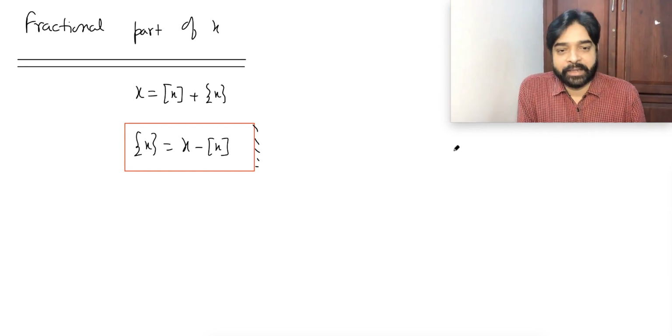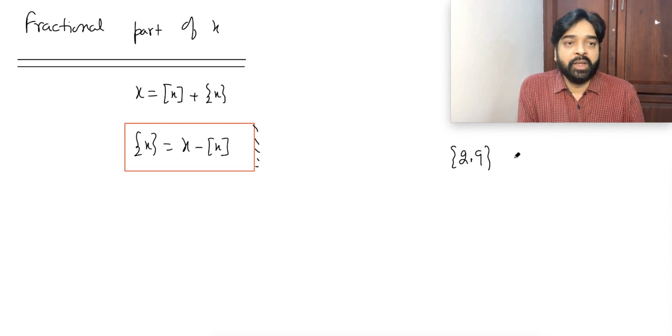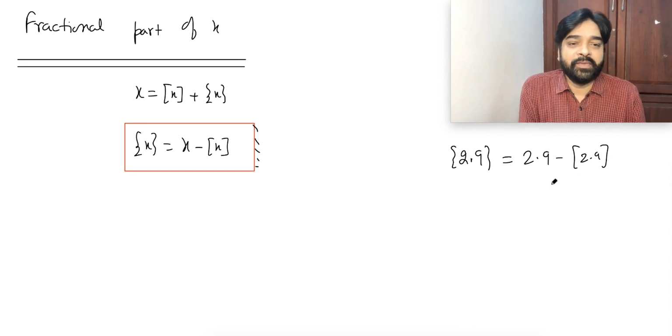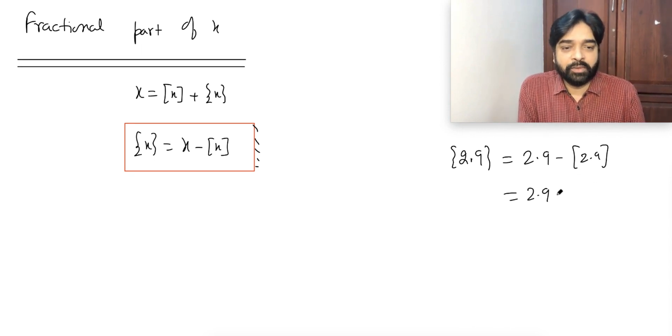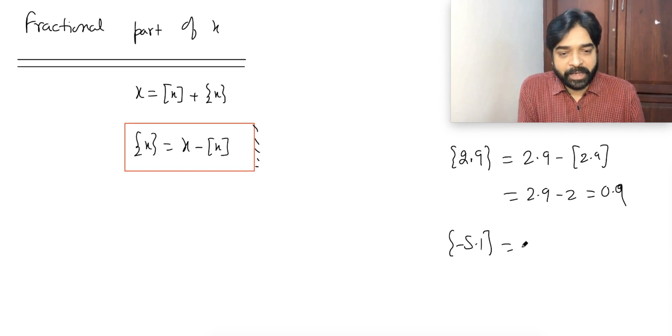I also do it like that only. Suppose somebody asks, what is the fractional part of 2.9? I will say this is 2.9 minus the greatest integer of 2.9, and the greatest integer of 2.9 is 2. So the answer is 0.9. Suppose I ask the fractional part of minus 5.1. That will be minus 5.1 minus the greatest integer of minus 5.1, which is minus 6. So minus 5.1 plus 6 is 0.9.